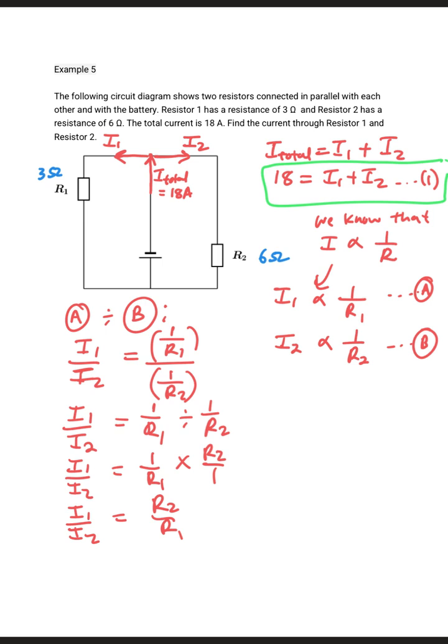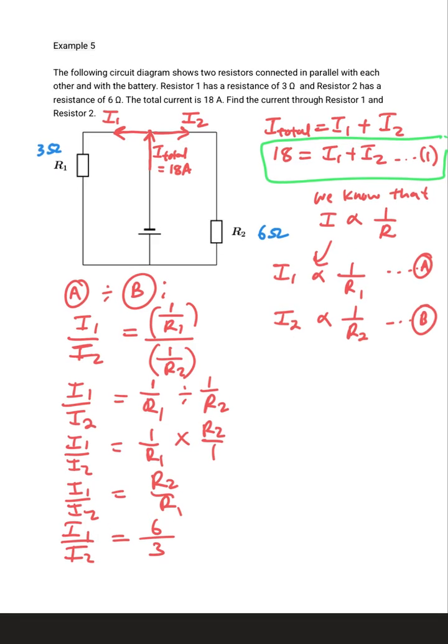And now we can put in the values. I1 over I2 is equal to R2 over R1. The value of R2 is 6 and the value of R1 is 3. So I1 over I2 is equal to 6 divided by 3, which is 2, right?